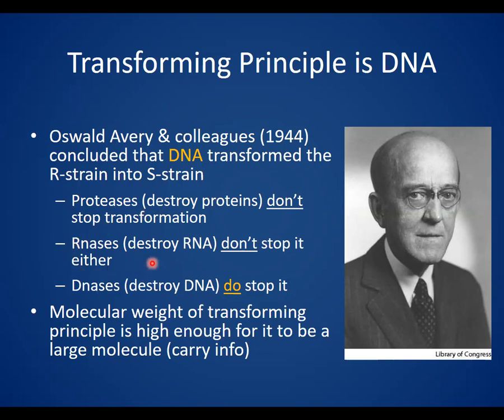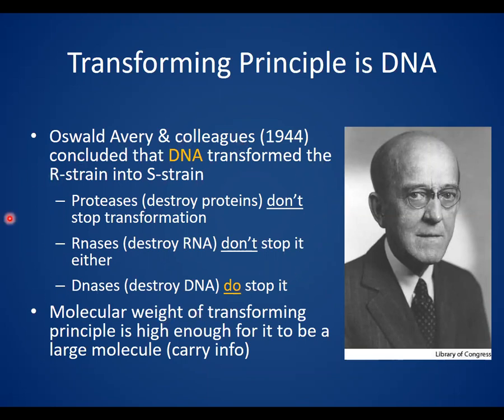Then he mixed it with RNases, which destroy RNA. They didn't stop the transforming principle either. But when he treated the heat-killed S strain with DNases, enzymes that destroy DNA, that did stop the transformation. The mice survived, and he could no longer get live S strain back out of the affected mice.